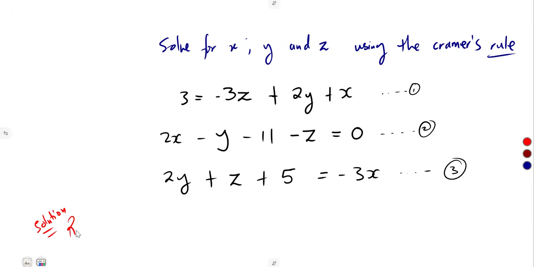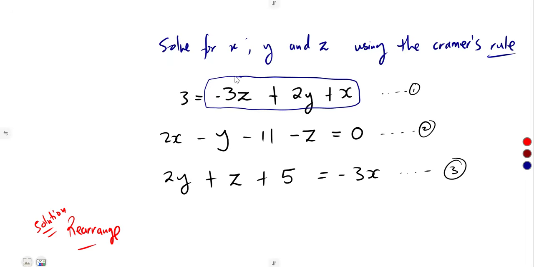We need to rearrange first. So our first equation, we can see that x, y, and z are already on one side of the equation. So we just need to take them to the left-hand side and 3 to the right. It's just swapping these two.